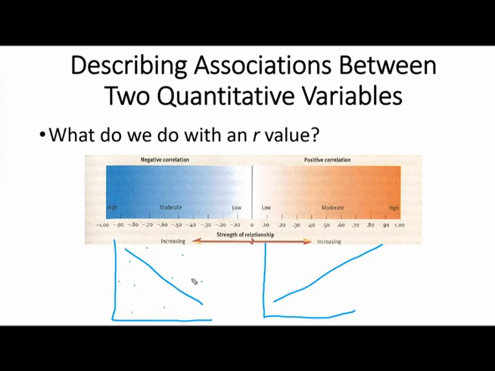There's not a close relationship. Whereas if we had a higher score, whether that be high and positive or high and negative, the closer to 1 we are, ignoring that sign in front, is going to be indicative of a stronger correlation. So this is a much higher R value than this one would be.